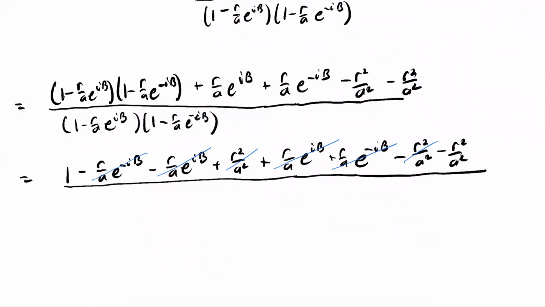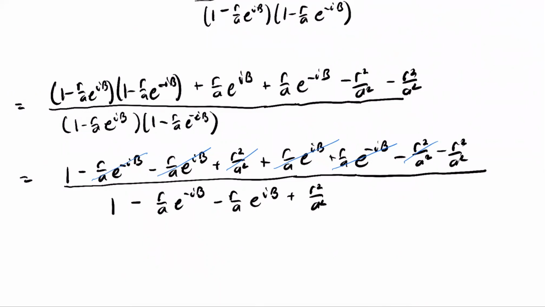Well, in the denominator, I have 1, and then minus r over a e to the minus ib, minus r over a e to the ib, and then plus r squared over a squared times, well, e to the ib times e to the minus ib will just give me 1, right?